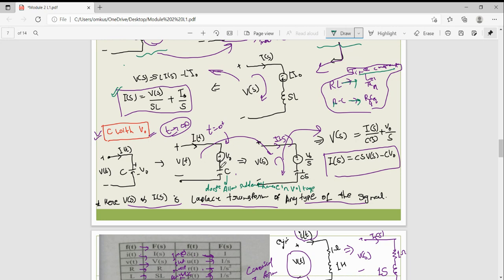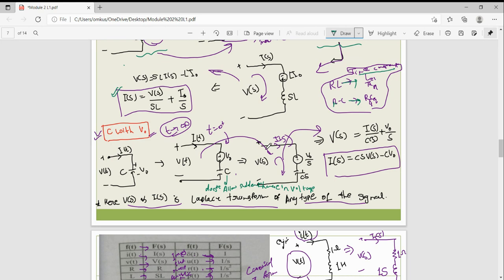So how to represent it? See the polarity of this capacitor. The same polarity is connected in series with this C. Now apply KVL here.